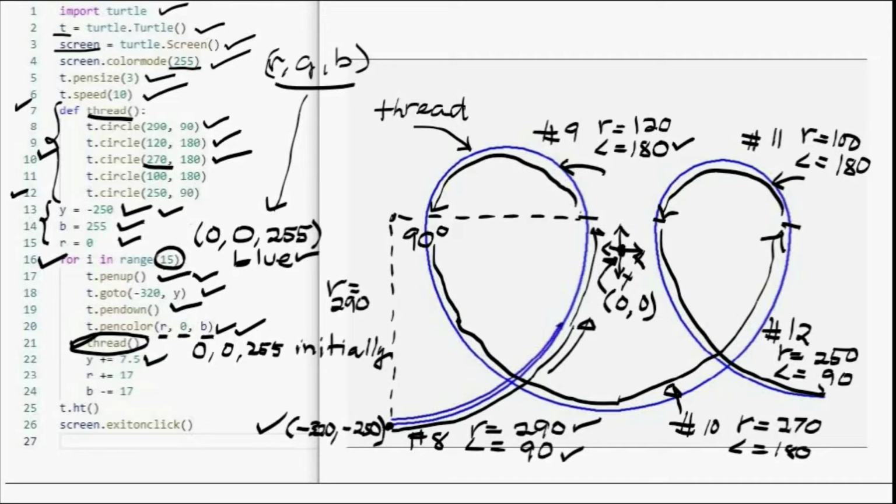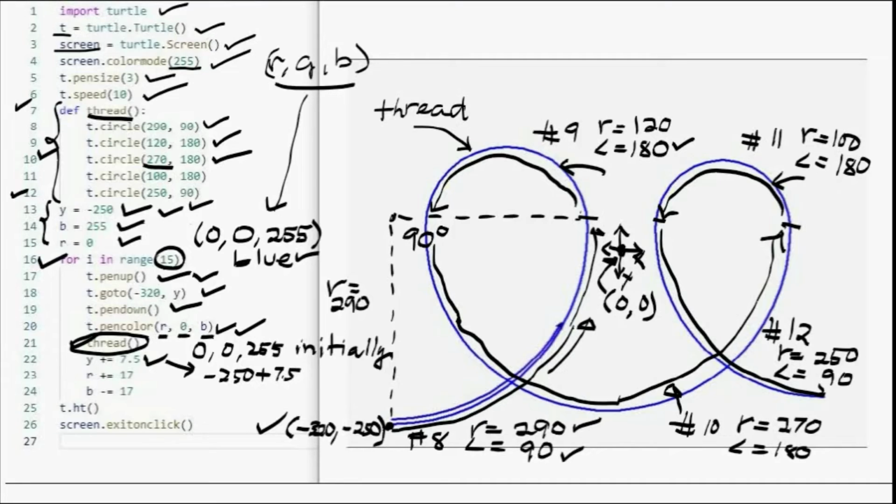And then after drawing the first thread, look, I will make the second line start from another point. Our y value is no longer negative 250 in line number 13. Our y value will become the initial negative 250 added to 7.5.